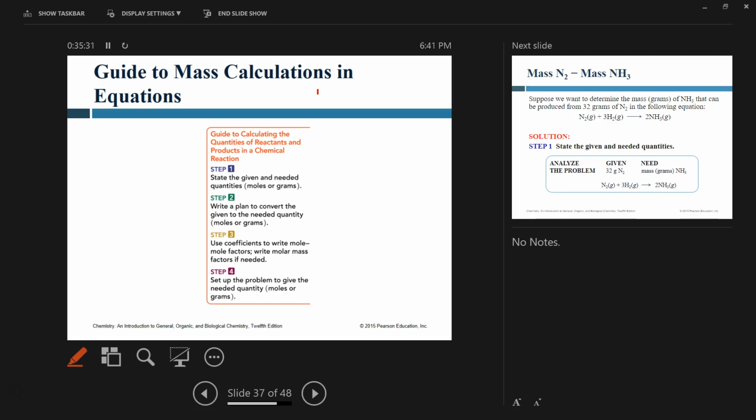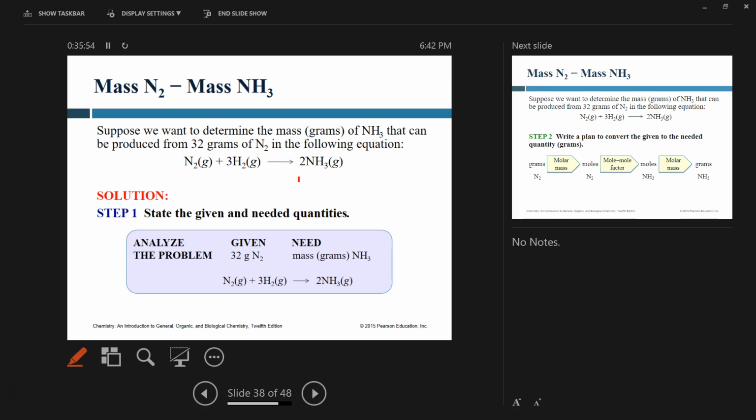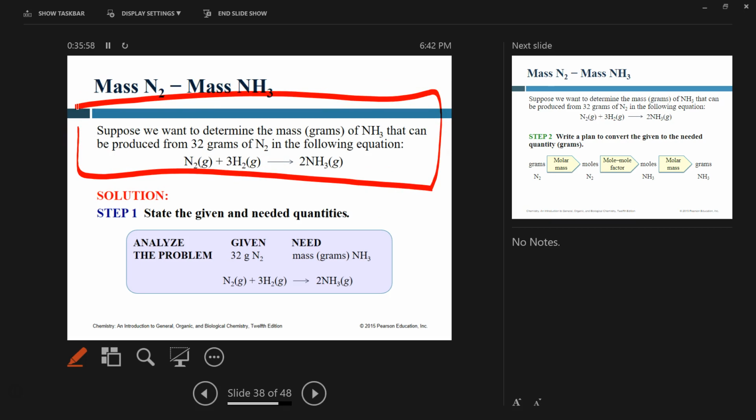And then carefully lay out what you know and what you need. And then I usually suggest, if you know mass and molar mass, find out moles immediately. It just helps.